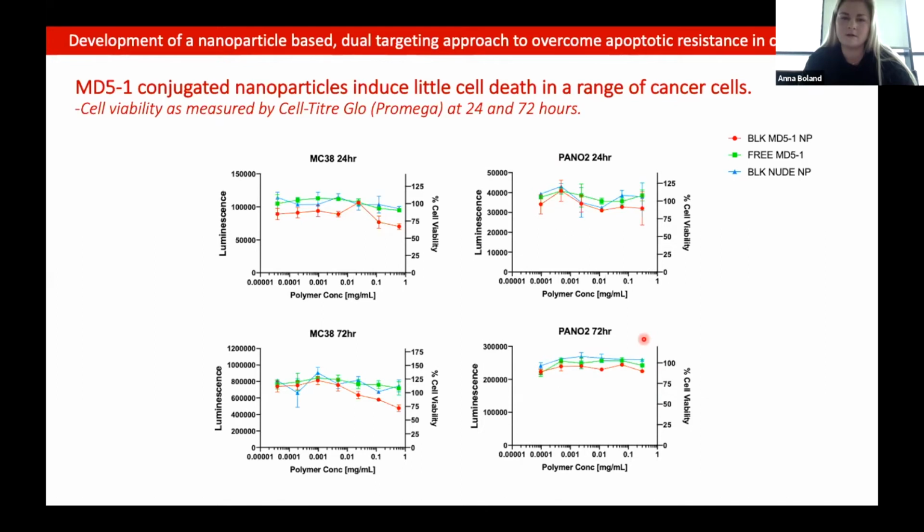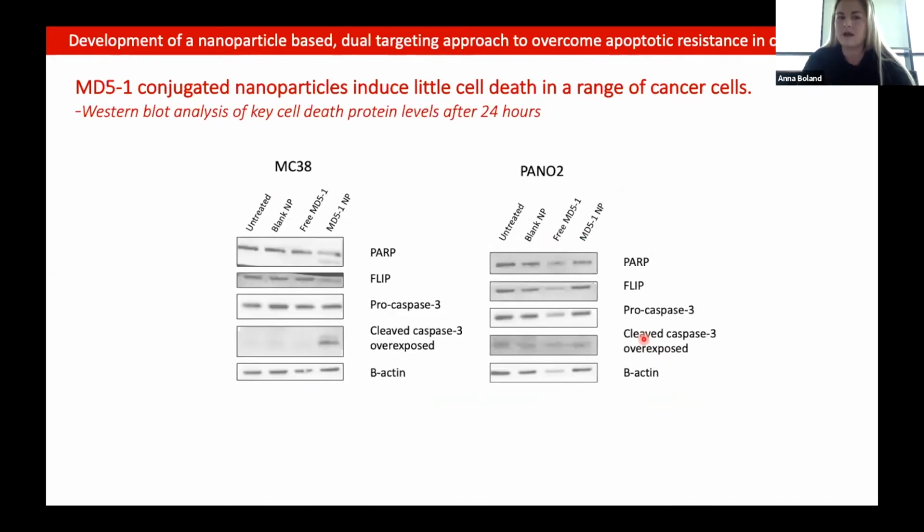We also looked at some key apoptotic or cell death proteins via Western blot after 24 hours. So PARP cleavage is a classical marker of apoptosis, which we can see here in the MC38s with our antibody-coated particles, but not with our free antibody or a blank particle.